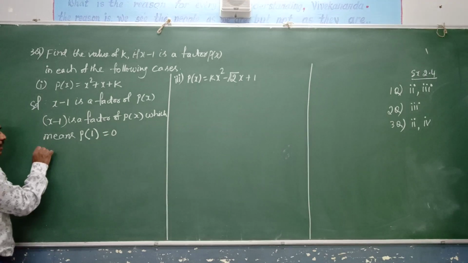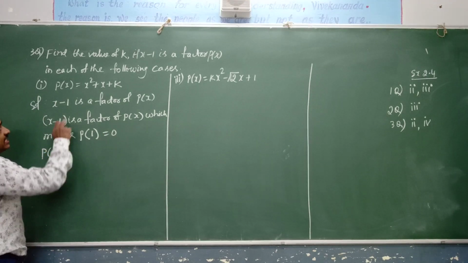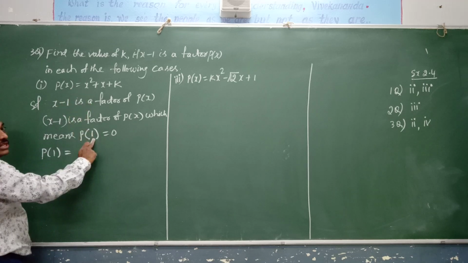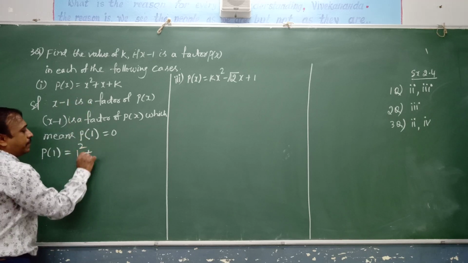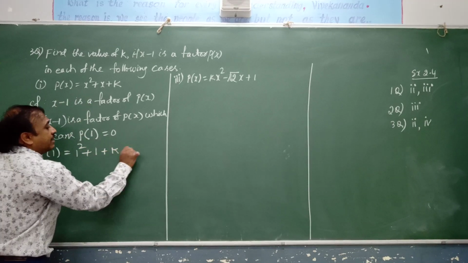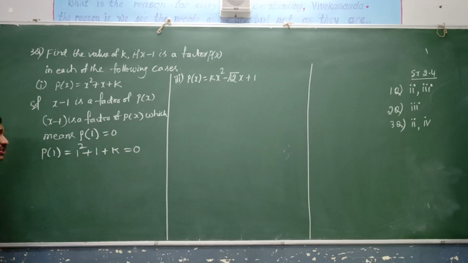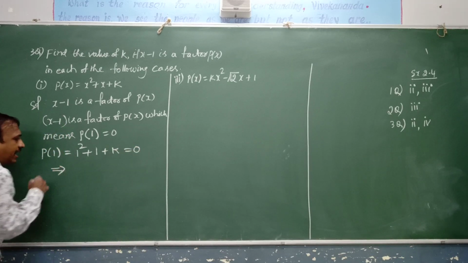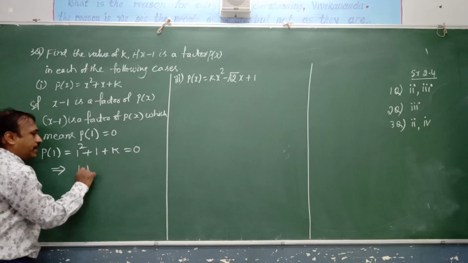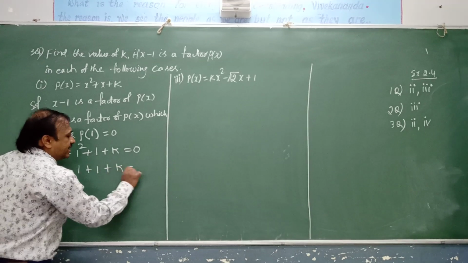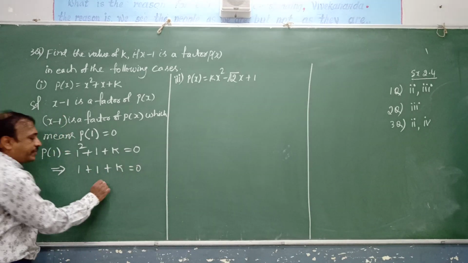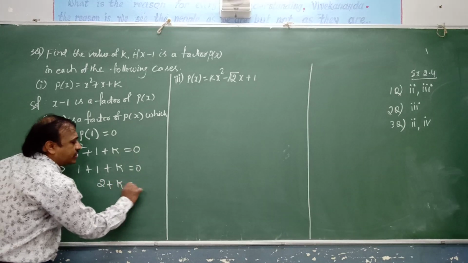Now, you see, P of 1. In place of x, you are substituting 1. 1 square plus 1 plus k, but what is the answer? It is equal to 0, which implies 1 square is 1, plus 1 plus k is equal to 0. 1 plus 1, 2, plus k is equal to 0.